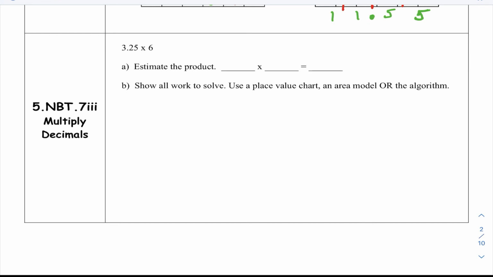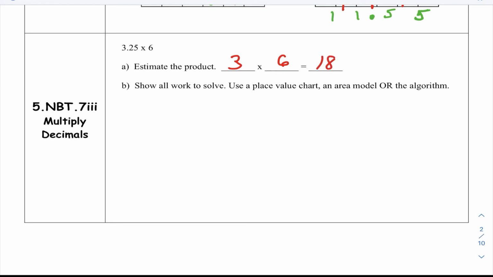So 3 and 25 hundredths, well, I have to determine is that closer to 3 or to 4? Well, I know 3 and 50 hundredths or 3 and 5 tenths is kind of that midpoint. So I'm going to round that to 3. And then 6 is a really easy number to multiply by, so I'll just multiply by 6. So 3 multiplied by 6 is 18.